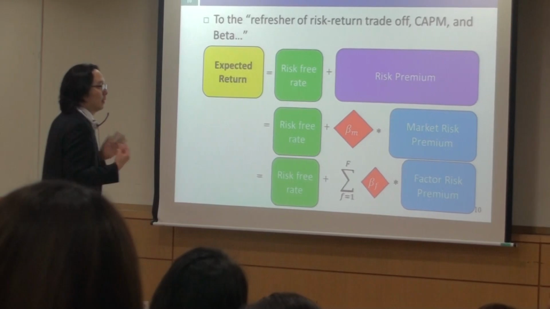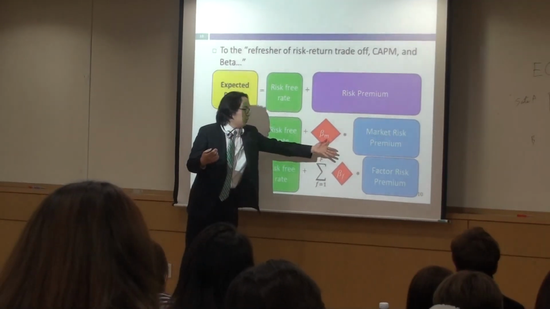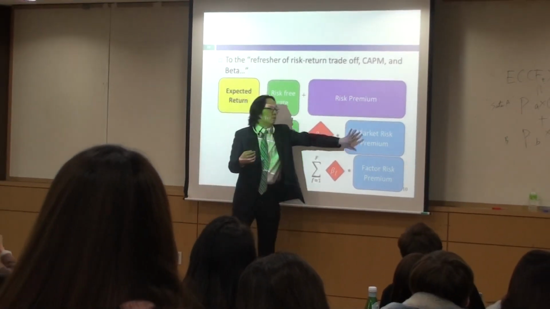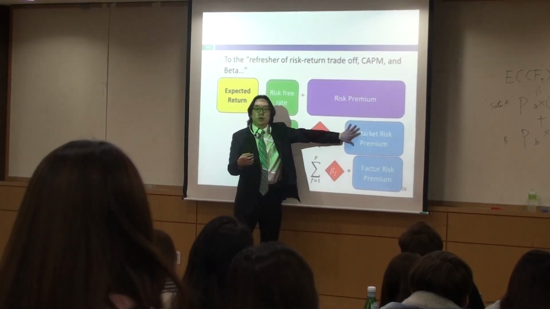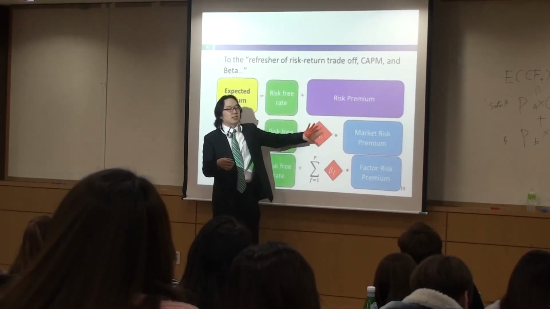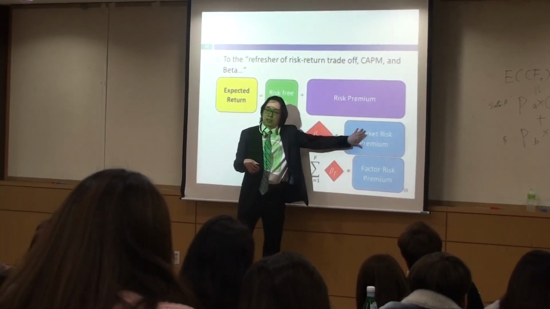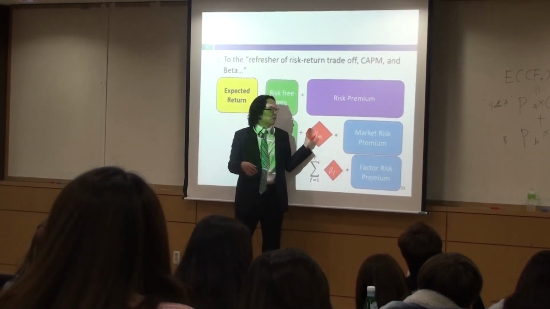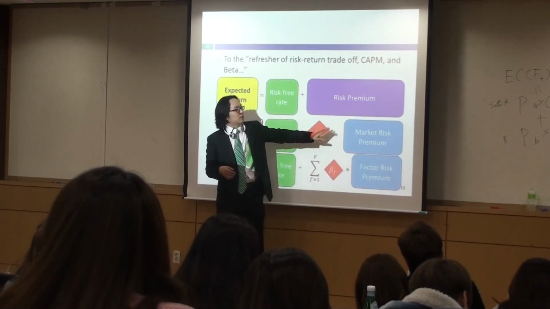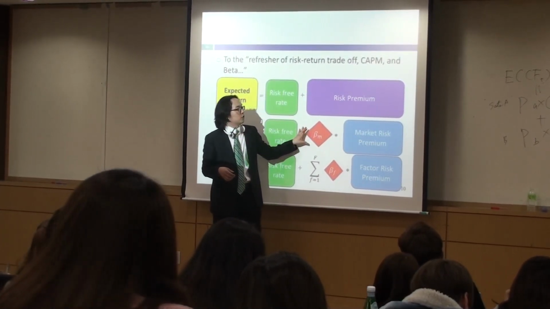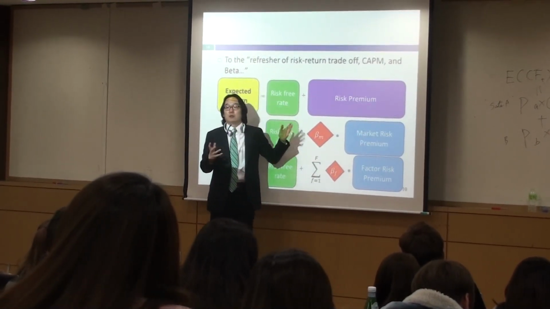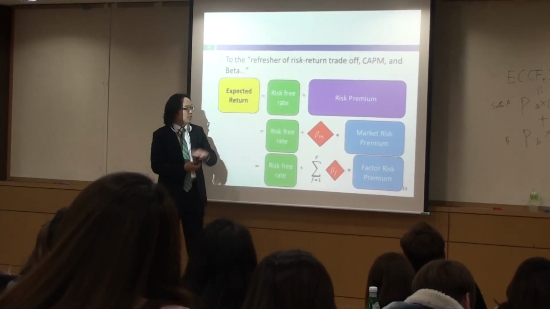The market risk premium is the single most important thing we have to worry about, and then how sensitive your stock is relative to that market. That's the whole idea. If it is more risky when the market is going up or down, I'm going to charge a higher risk premium. The discount rate will be bumped up. Vice versa.